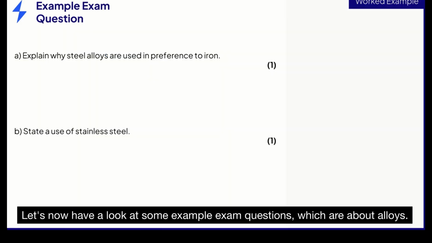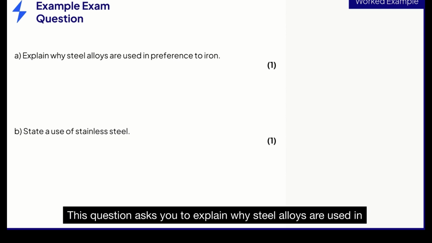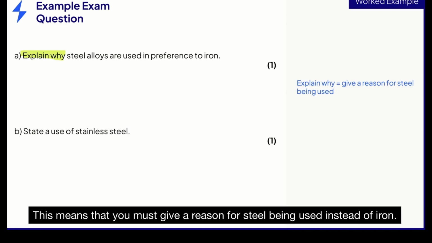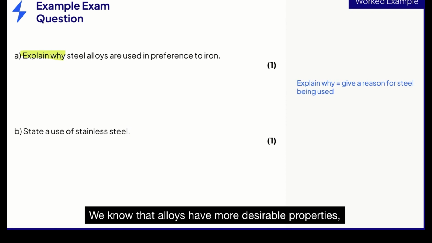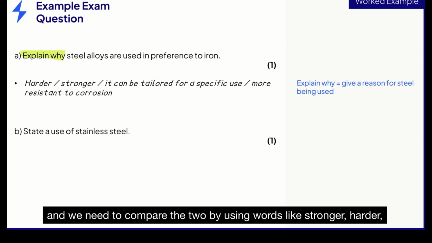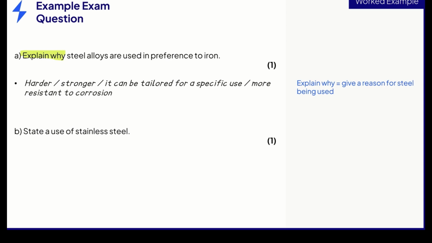Let's now have a look at some example exam questions which are about alloys. This question asks you to explain why steel alloys are used in preference to iron. This means that you must give a reason for steel being used instead of iron. We know that alloys have more desirable properties, and we need to compare the two by using words like stronger, harder, or more resistant.